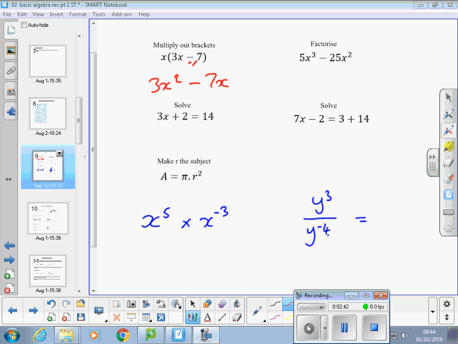What about factorising? What goes outside the brackets?